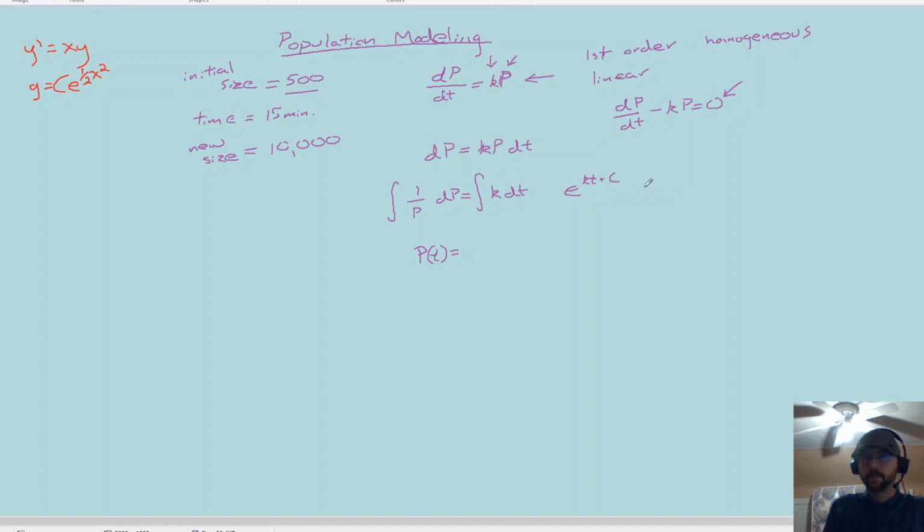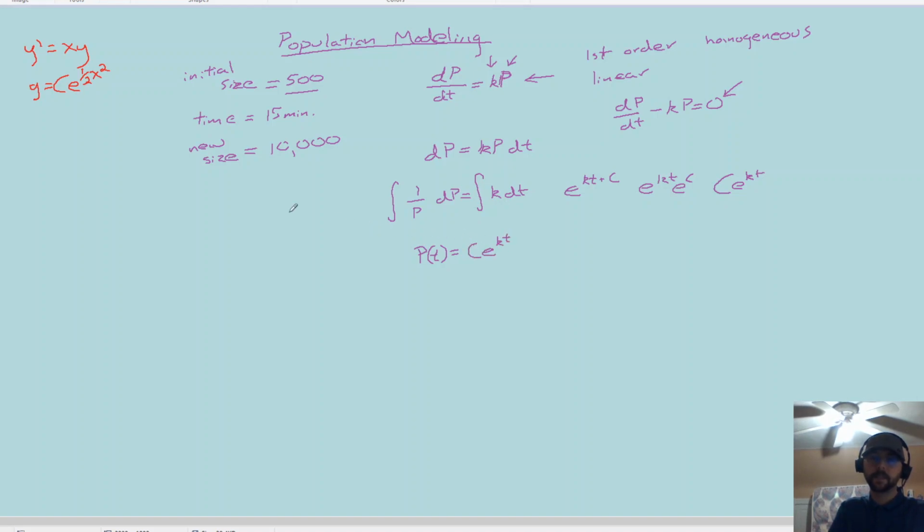Then this is the same as e to the k times t times e to the c, due to the properties of exponents. And then this can be rewritten as some new constant, which we'll just rewrite c because we're lazy, but technically it is a different constant: c e to the kt. And that's actually what we're going to write here, c e to the kt.